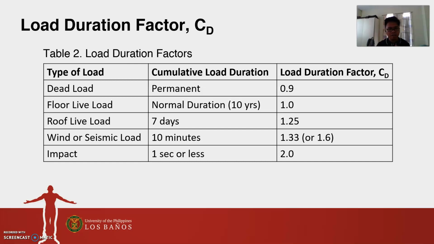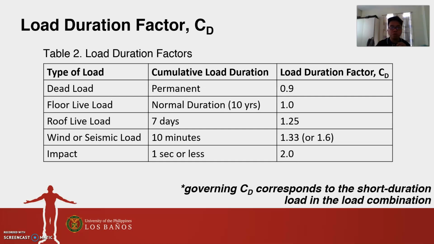On the other hand, on the other extreme side, we have here an impact load, which has a load duration of about 1 second or less. Then the load duration factor is actually 2, which means you increase the strength of the member because moisture will not have an influence for that very short load duration. Okay?